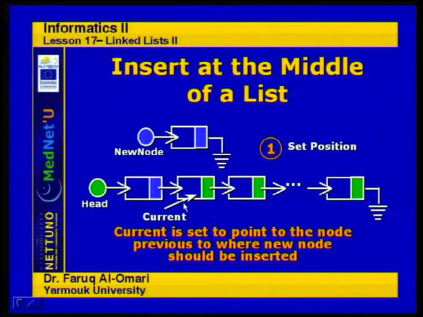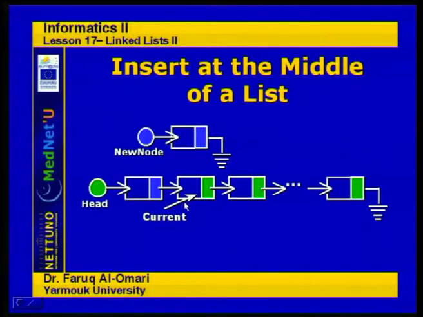After I set the position at the proper place, I can now move forward with the scenario. Well, again, to avoid losing the rest of this list, I'm going to make the new node point to this node, which actually comes after the node pointed by current. Okay?